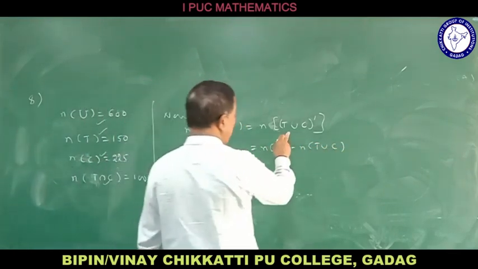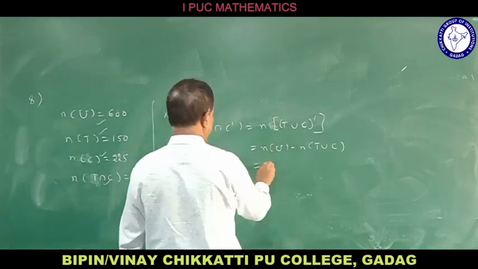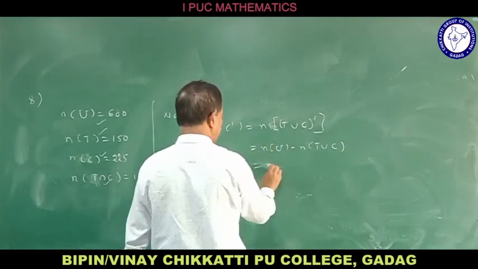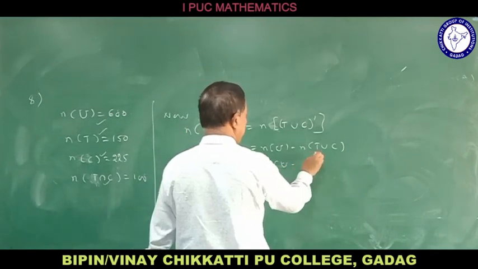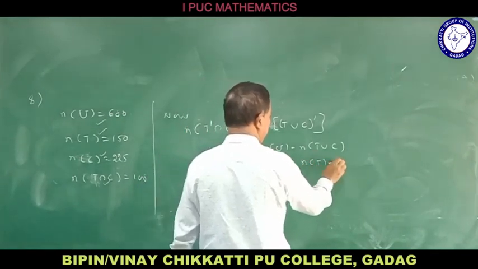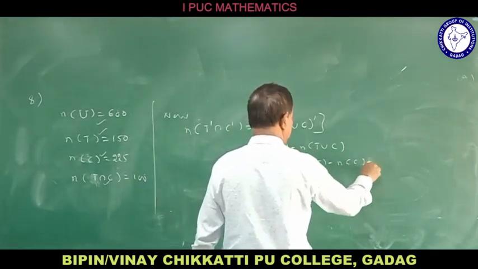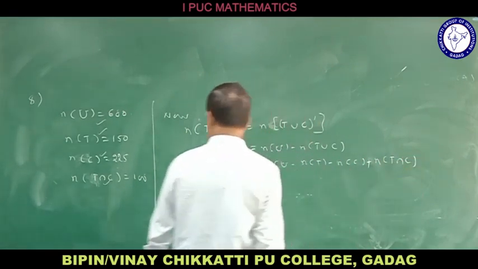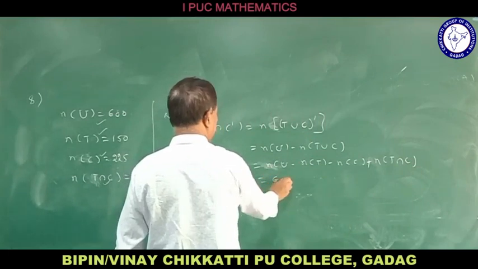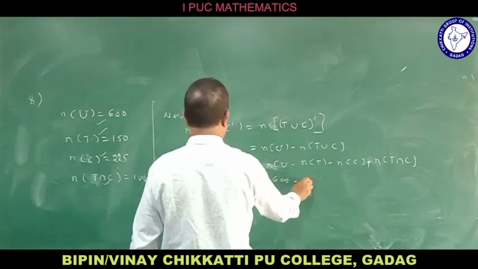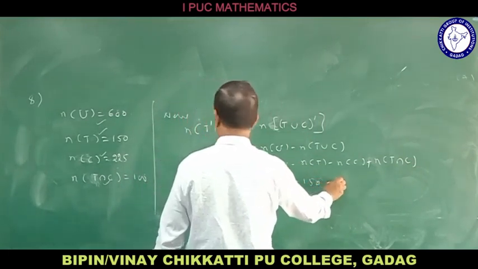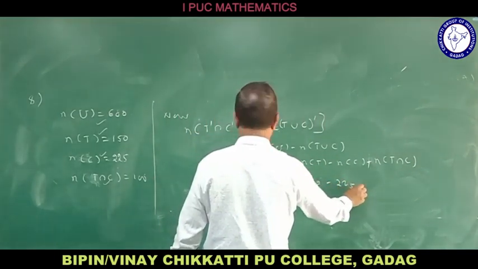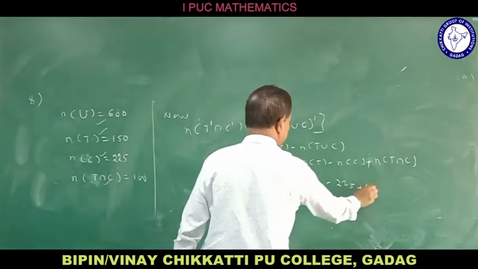And here n of T union C is n of T plus n of C minus n of T intersection C. The result: n of U is 600, minus n of T 150, n of C is 225, and both means 100.